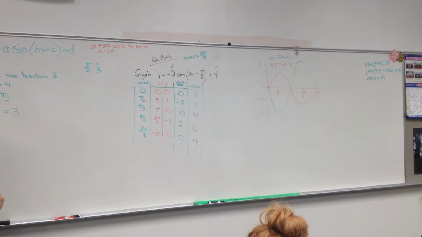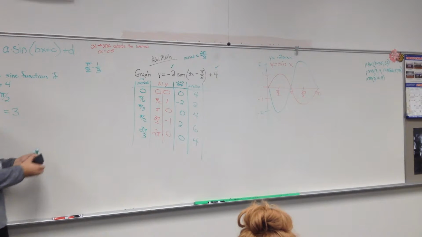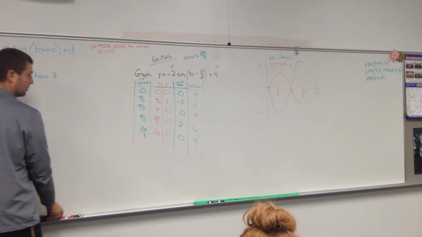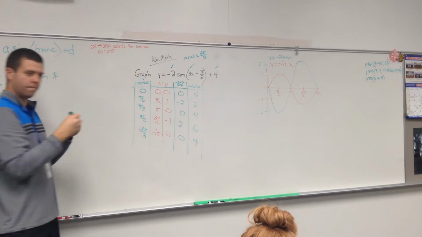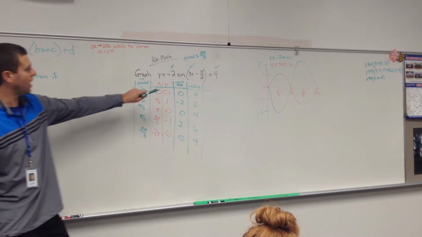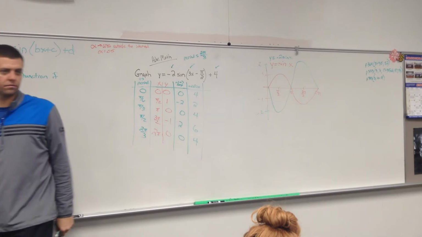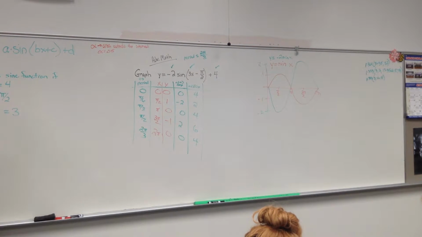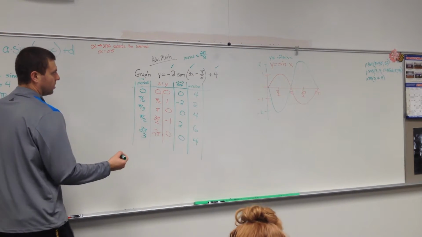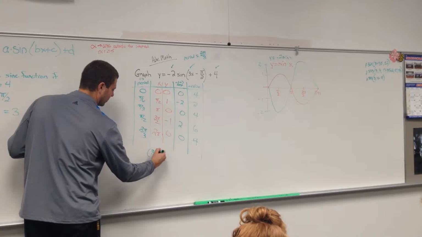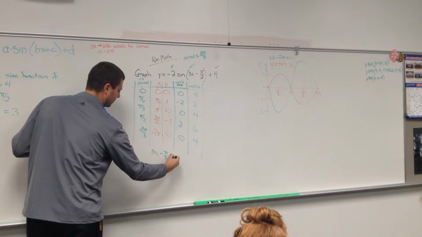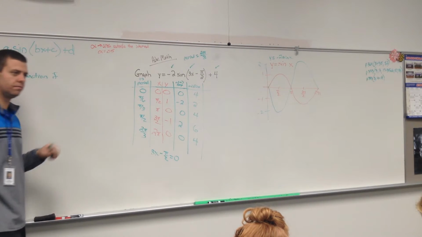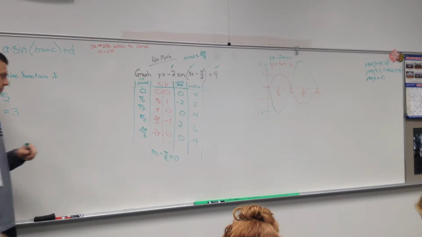So now I've taken care of the period, but this one also still has a phase shift. Okay? To determine my phase shift, I need to take what's in the parentheses, the 3x minus pi over 2, set it equal to 0, and solve.